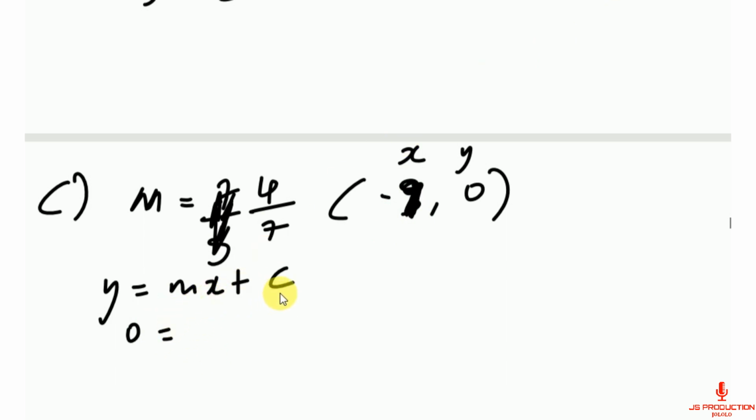So we're going to calculate c. We're going to say 0 is equal to m, and we know that m is 4 over 7 and our x is negative 9, then plus c.